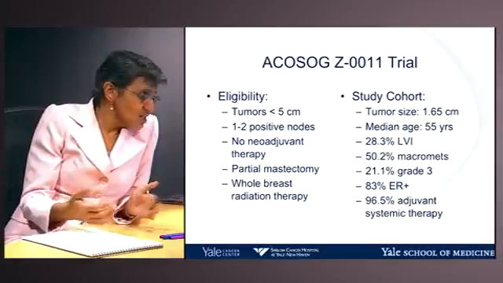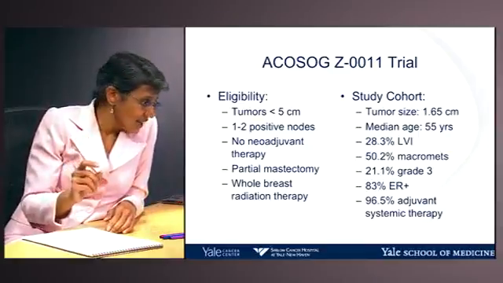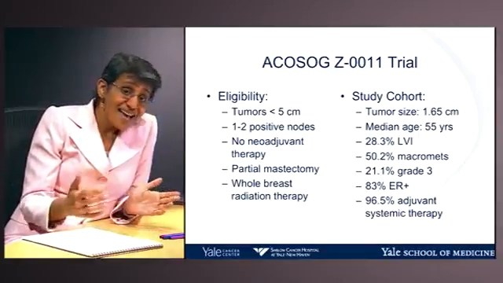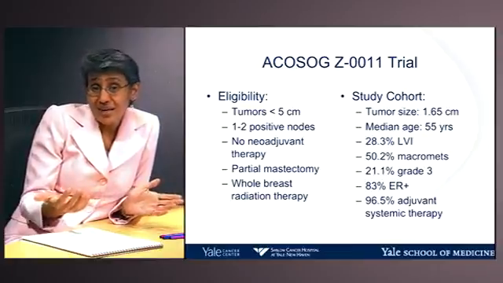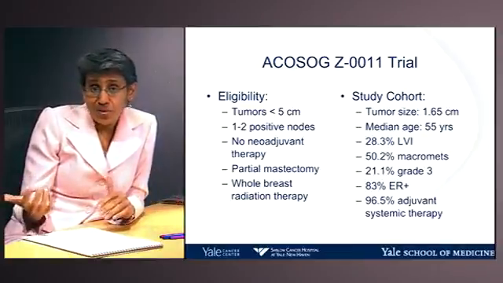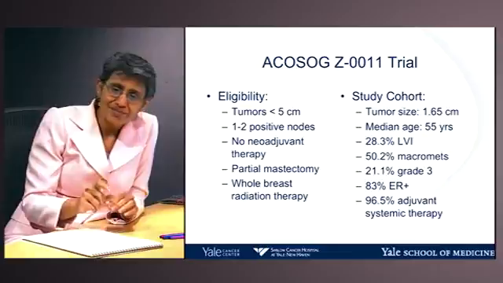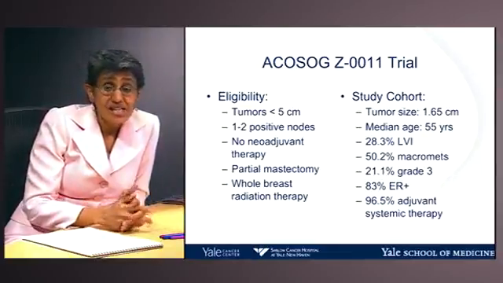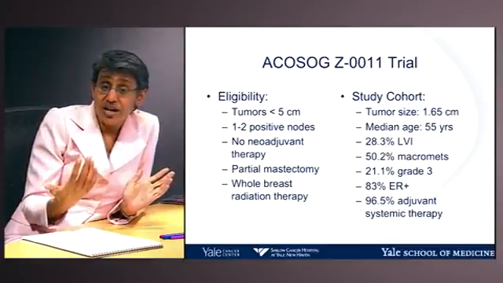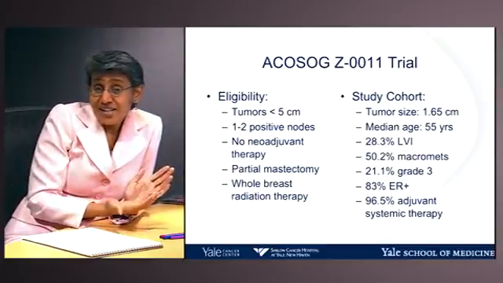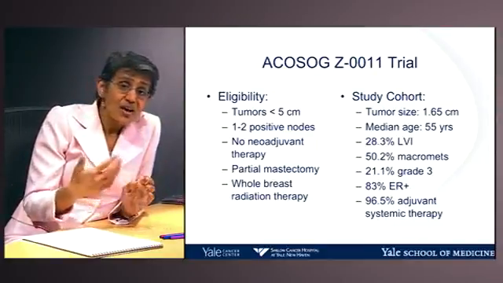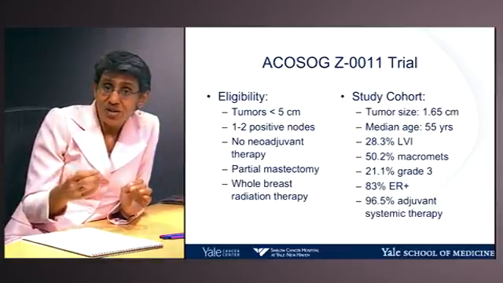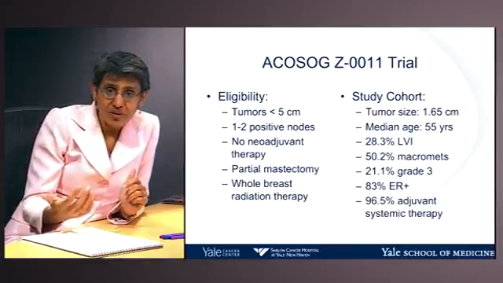The majority of these patients had relatively small cancers, and the vast majority were treated with systemic therapy, either chemotherapy or hormonal therapy. Now, truthfully, that's what the majority of patients these days who are treated in industrialized countries have cancer that looks like. So they often will have small cancers that are treated with adjuvant therapy.